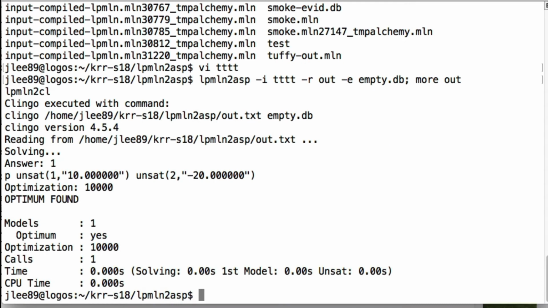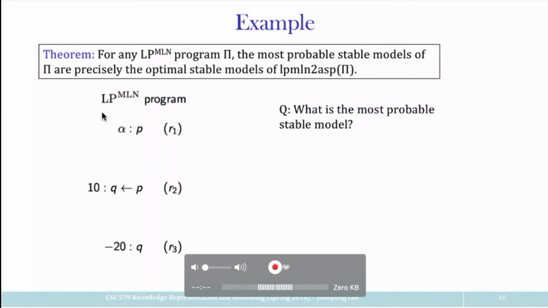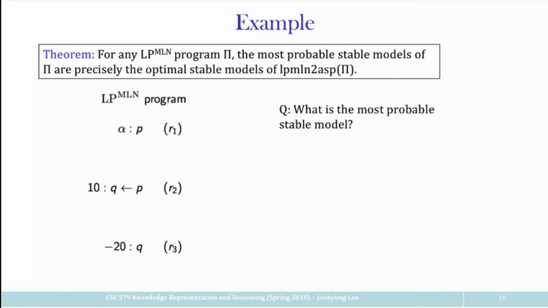Why is PQ not an answer? Let's go back. P is actually the most probable stable model. The reason for that is, of course, if you have a P, what is the weight that it receives?